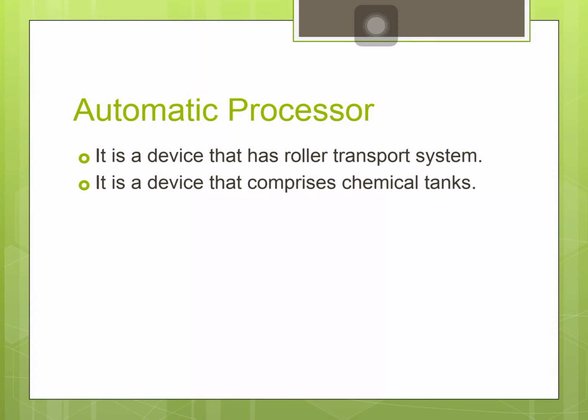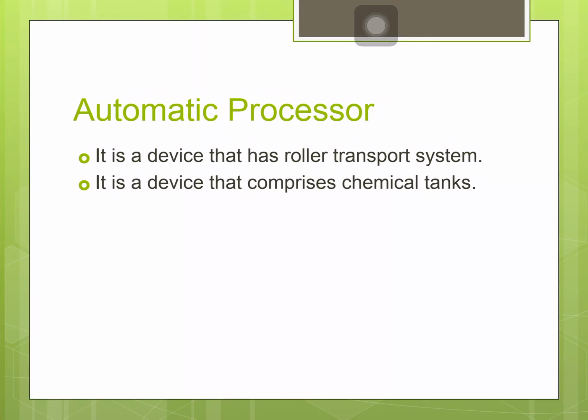So, for the film processing, we have two types of processing system. We have an automatic processing and a manual processing. So for now, let's talk about an automatic processor. So this is a device that has roller transport system and it comprises chemical tanks.